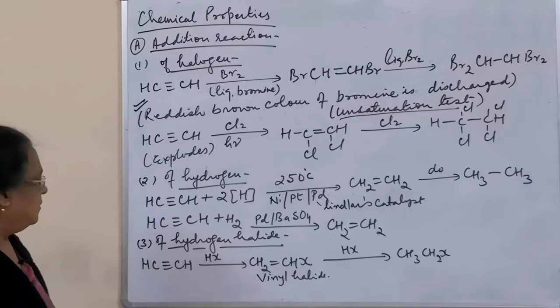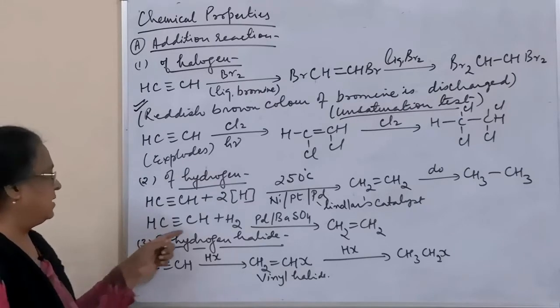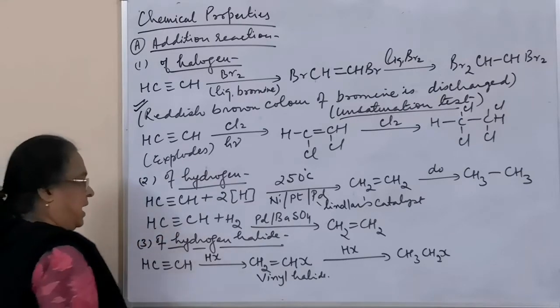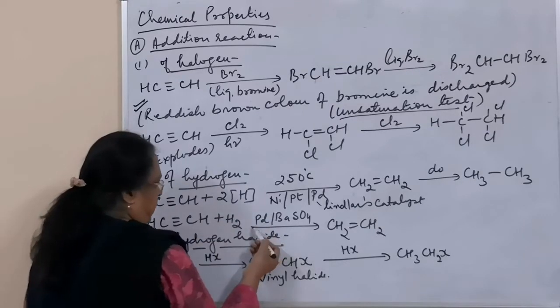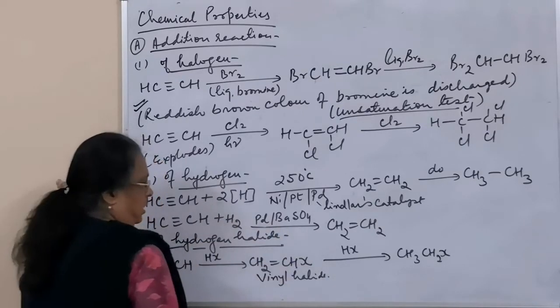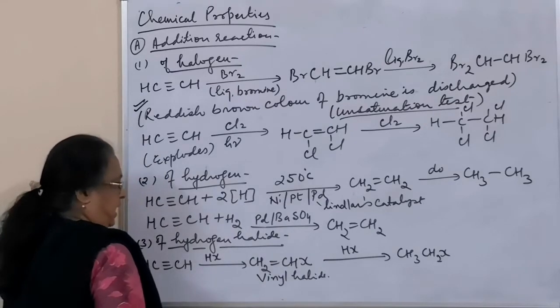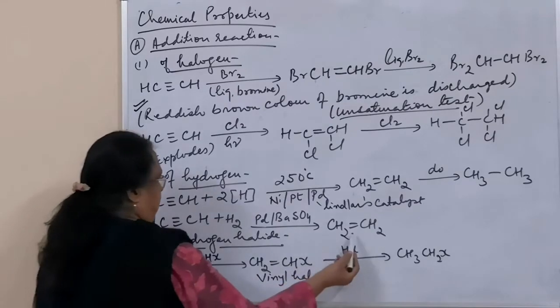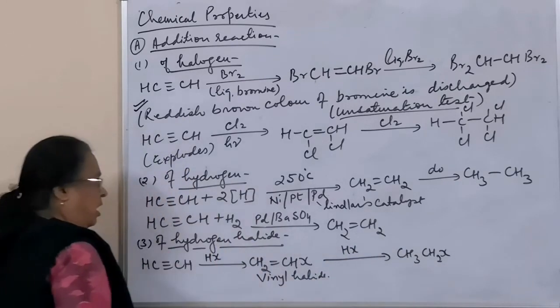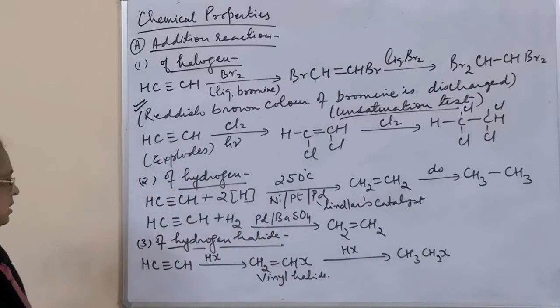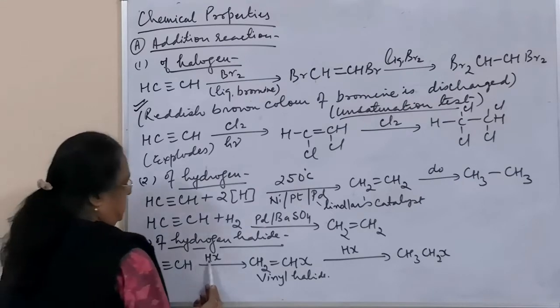The same reaction can be done with hydrogen gas without a reducing agent, direct hydrogen gas, but you will have to take palladium over barium sulfate, and then we get the end product as ethene, not ethane. So remember the end product. Then addition of hydrogen halide, HX.